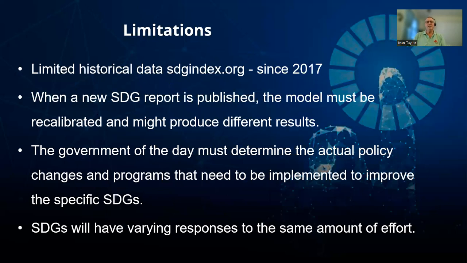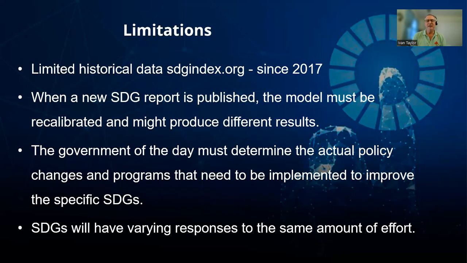Some limitations to this work is that we only have data from 2017, and so every year they produce a new SDG report, and the model would have to be recalibrated every year and may produce different results.